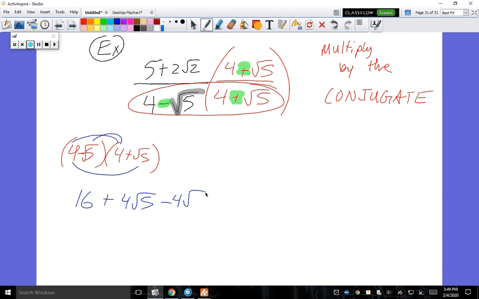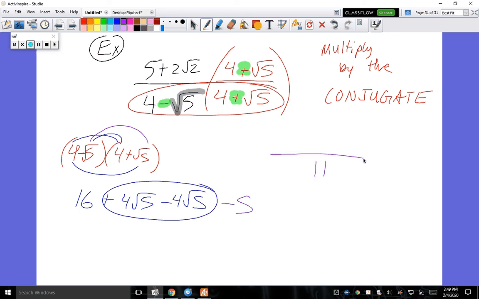Negative 4 root 5. Look at that, those go to 0. And then what's the last going to give me? Negative 5. So all of that denominator simplified to 11. That's crazy. No more square root.